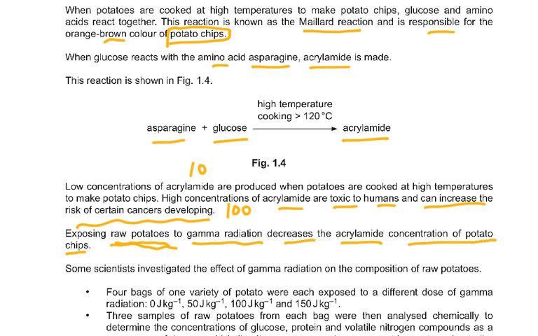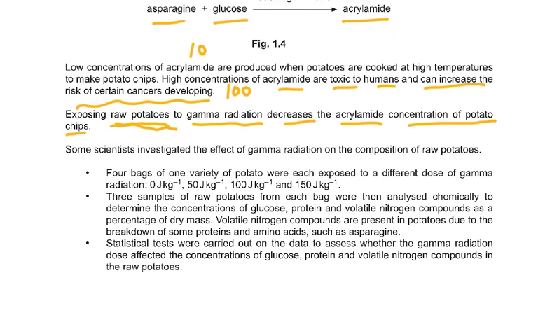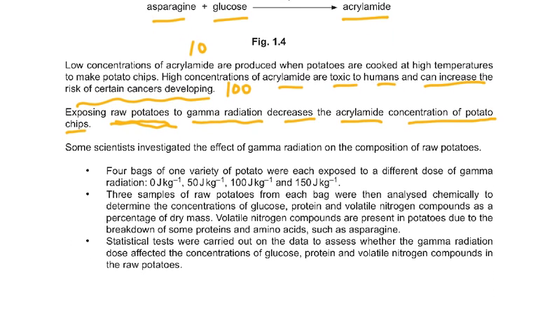Some scientists investigated the effect of gamma radiation on the composition of raw potatoes. 4 bags of one variety of potato were each exposed to a different dose of gamma radiation: 0 J/kg, 50 J/kg, 100 J/kg, and 150 J/kg.